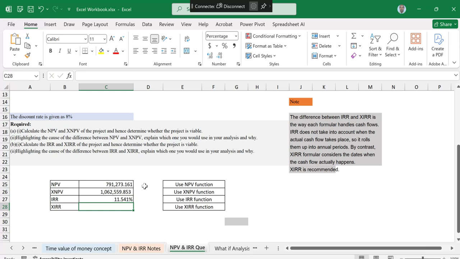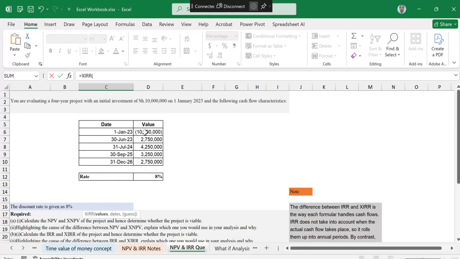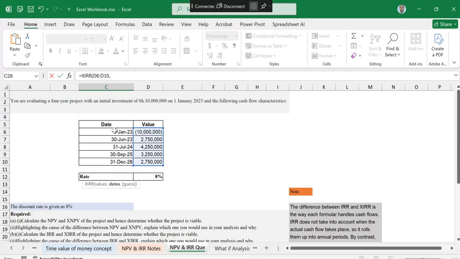XIRR, that will be equal sign, XIRR, then values and then dates. The values are here, comma. Once you have the values, you do a comma, then you go for the dates.